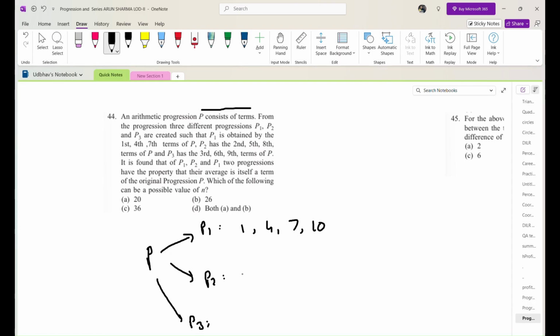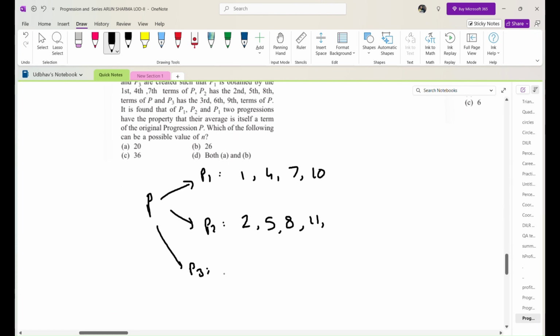P2 is second, 5th, 8th, 11th term, and P3 is third, 6th, 9th, 12th terms.